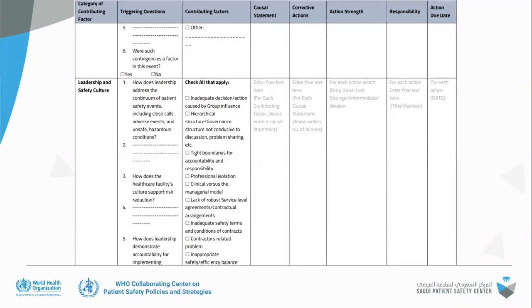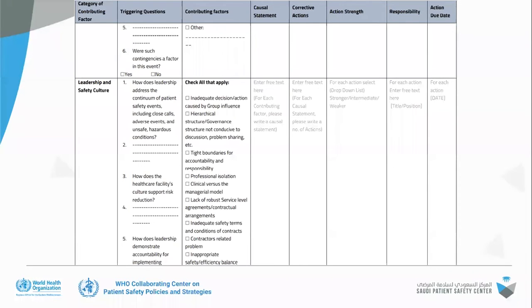So regarding the leadership and safety culture, as my colleague Dr. Rawan mentioned, they have an important role in supporting the process, and they also have an important role in the event. So if there is any support from the leadership, and if there is any culture supporting risk reduction, you have to answer these questions.